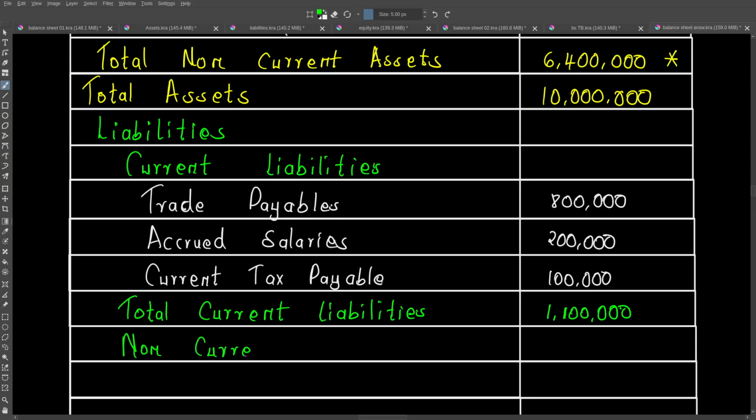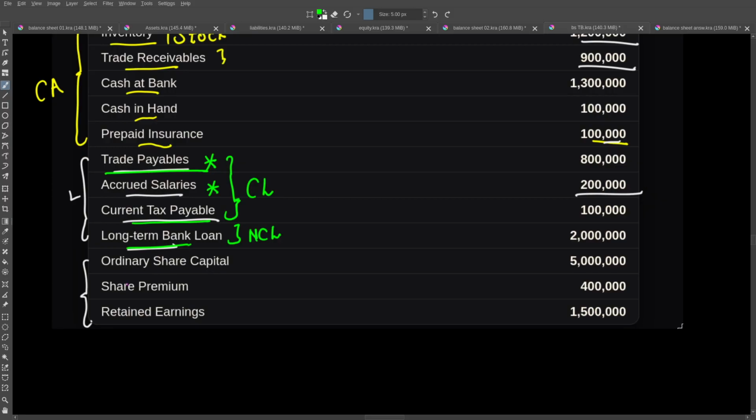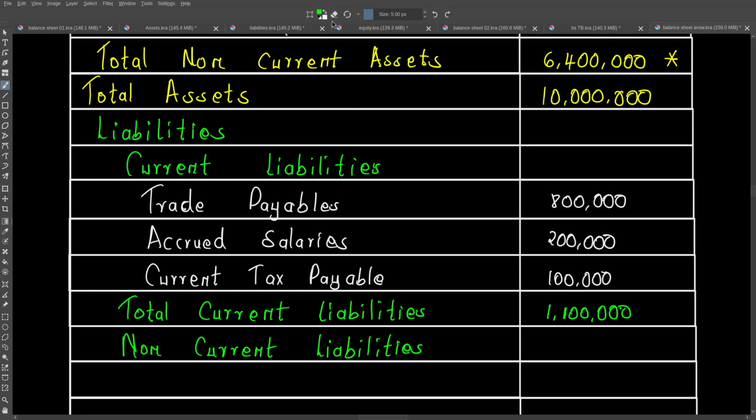So we are going to list our non-current liabilities, which is basically one, the long-term loan, an amount of 2 million.